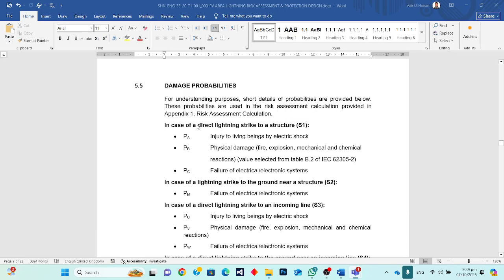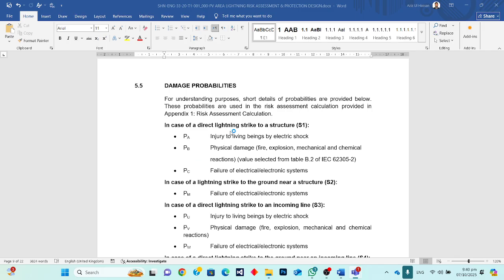As per the IEC standard, these are the probabilities, the chances. What type of chances is available in that area? On that probabilities basis, we will decide whether the risk is present in that area or not.